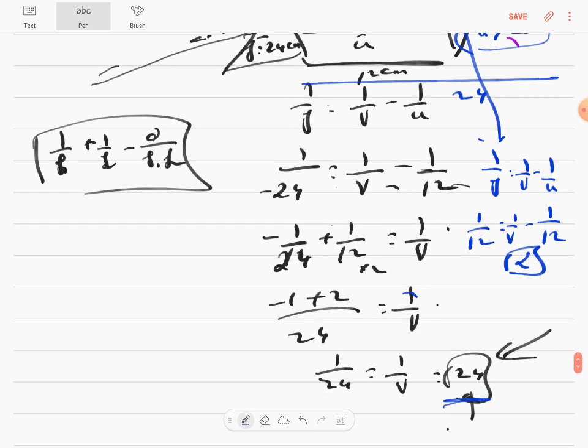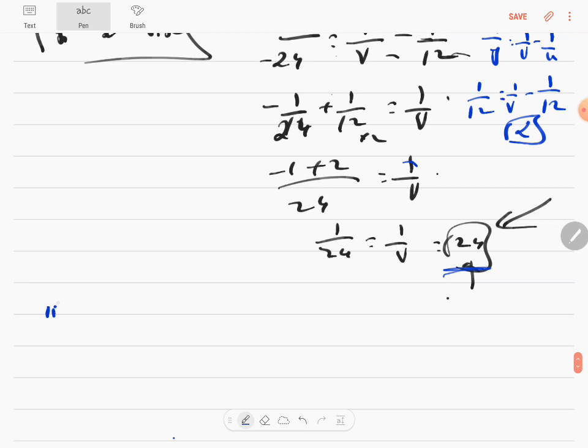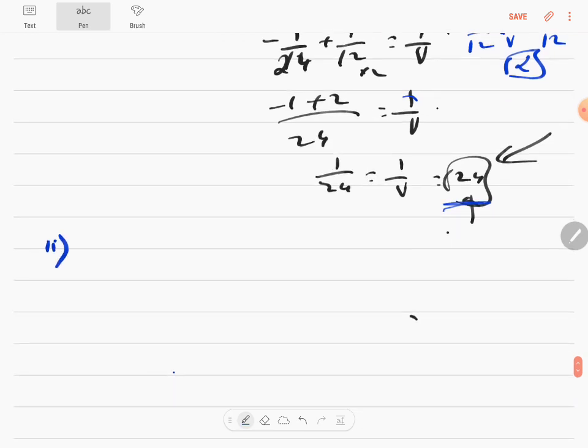The next question is the second part of the sum, wherein they have asked to calculate the focal length of the convex lens if the concave lens of focal length 15 centimeter is combined with a convex lens.